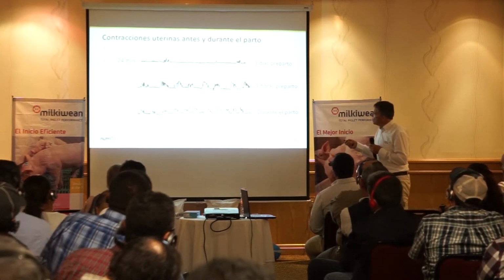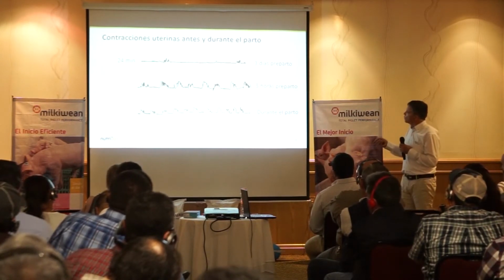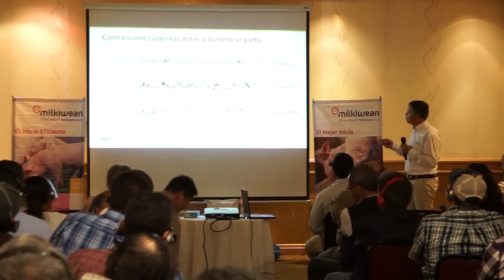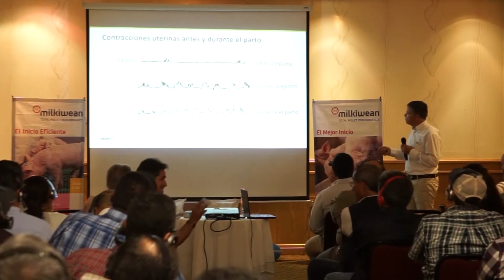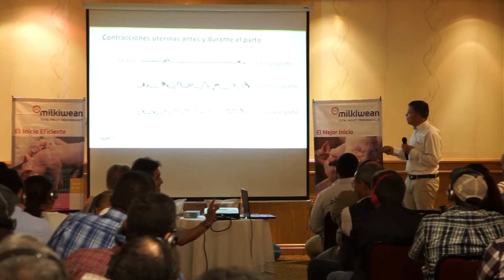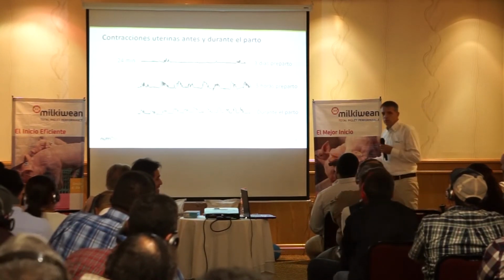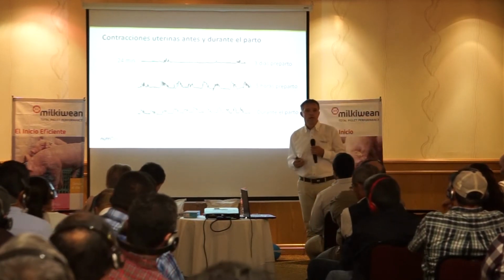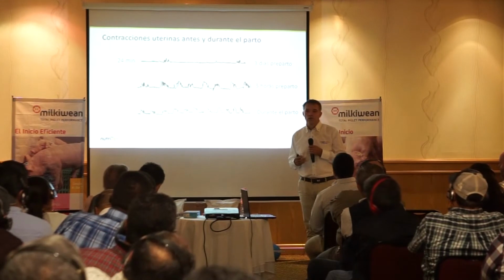You see that here you have very little contractions. You see that 5 hours before farrowing you have more contractions. But during the farrowing process you have a lot of contractions. Of course that is also necessary to bring the piglets out of the sow.